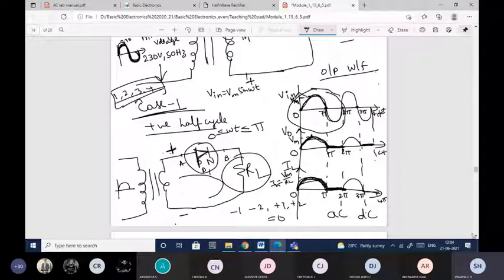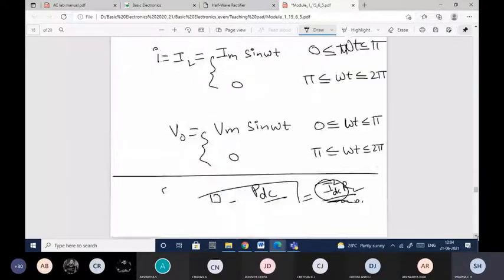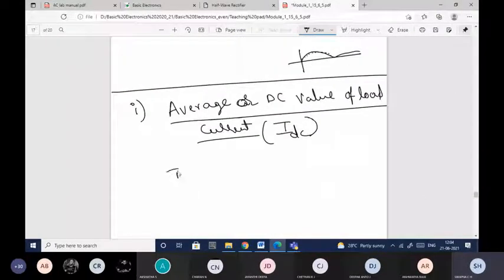In order to find DC, IDC is equal to I average. Anything is fine, I average and IDC are both the same. So IDC will be the average value, which means I need to find the area under the curve.